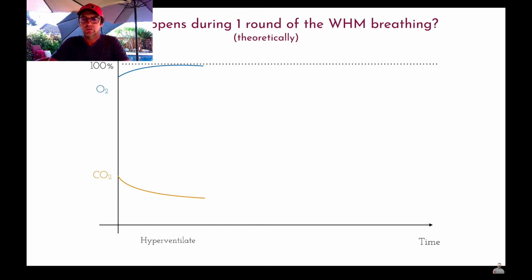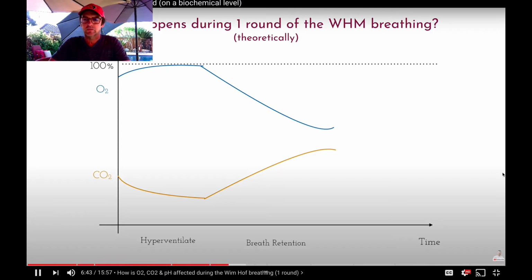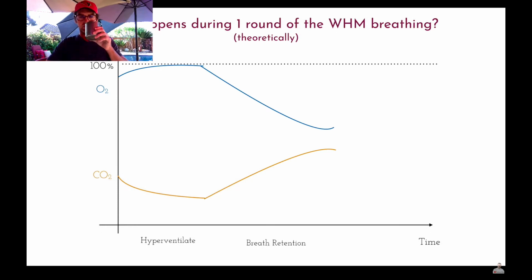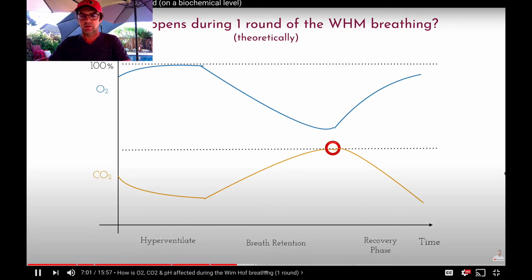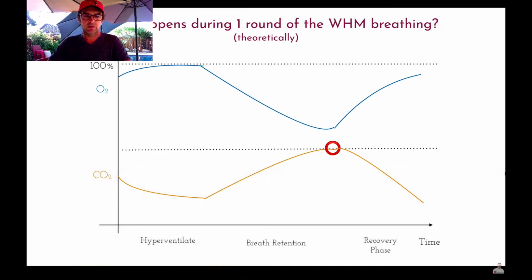So we are not taking any more oxygen, oxygen levels get lower, but carbon dioxide levels build up. And we feel the urge to take the next breath in when we hit our tolerance to carbon dioxide, in which case we breathe in again. This is the theoretical model of what happens during one Wim Hof breathing cycle.